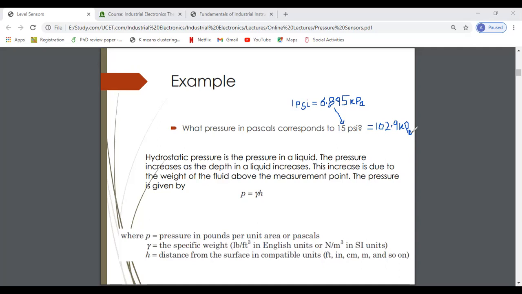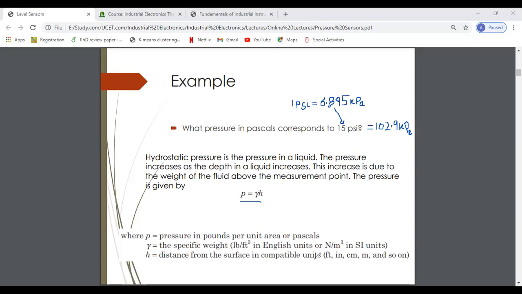And the pressure in this case is given by P is equal to gamma times H, where P is the pressure in pounds per unit area or pascals, and gamma is the specific weight, which is pound per feet cube in English units or Newton per meter cube in SI units.